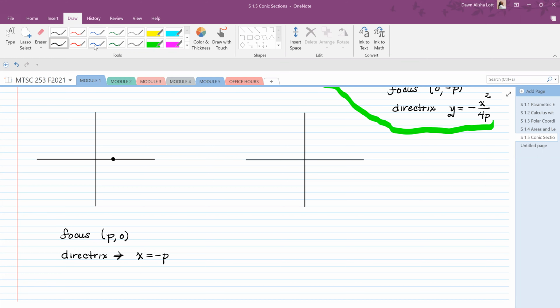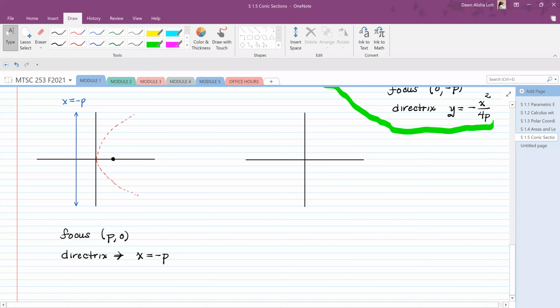So now I'm going to have a directrix that looks like this. So now I'm going to have a parabola that's going to open as such.